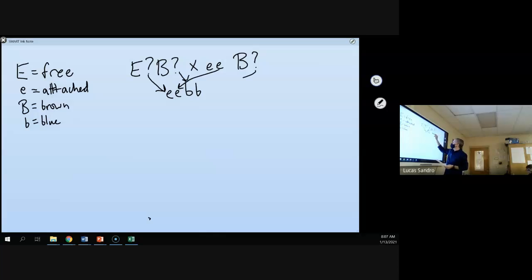This is the same problem essentially, except that she's homozygous for one. So this is not hard once you get the hang of what to look for. Okay? Are we all good?